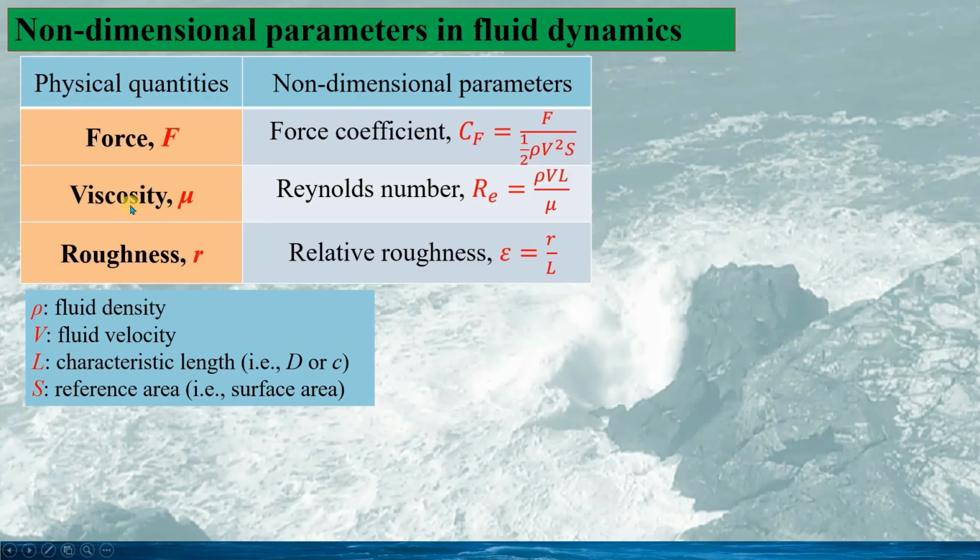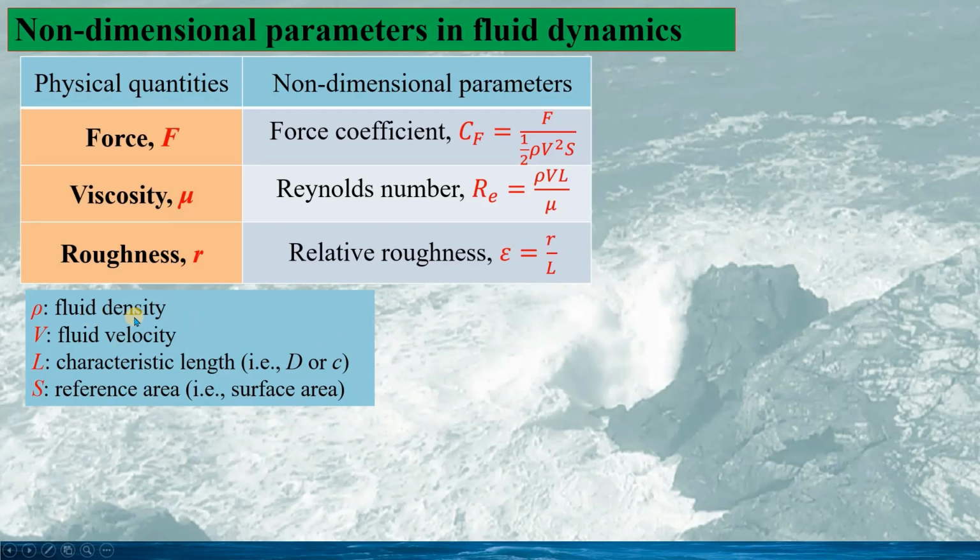And for the physical quantity viscosity mu, it is corresponding to the Reynolds number Re given as this. And for the pipe wall roughness or the surface roughness, we would have relative roughness epsilon given by this.